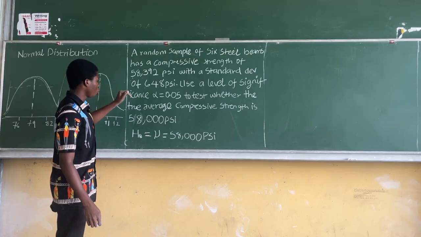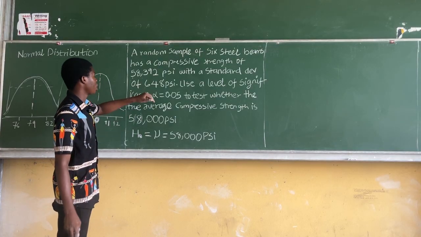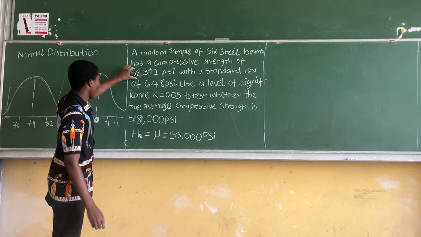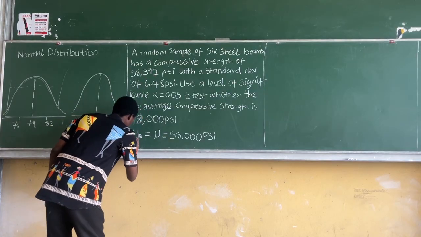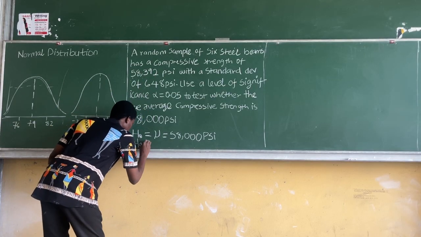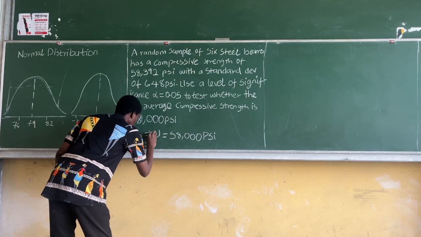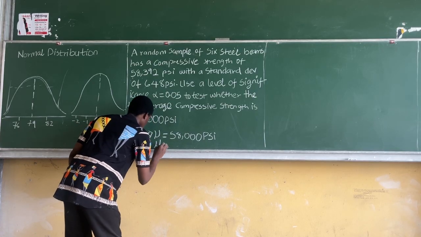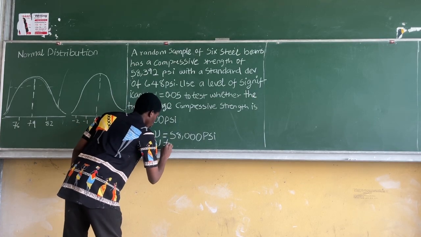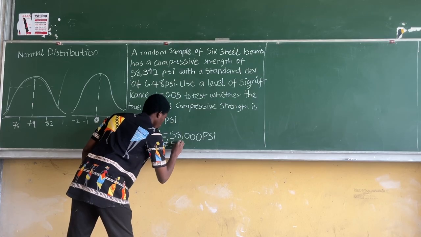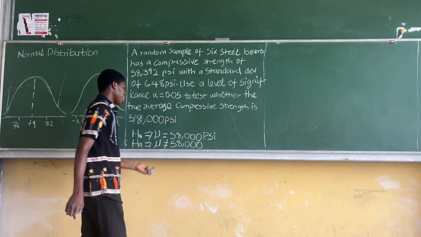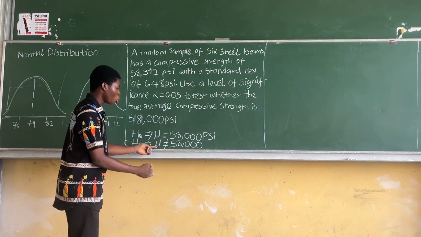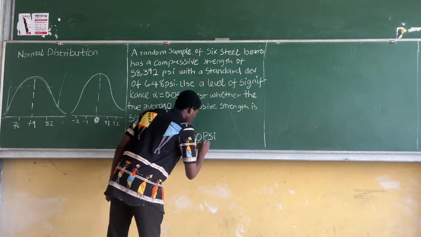He then measures with another external officer who comes to the office and measures, and we figured out that for the 6 beams, their compressive strength, which is the alternate hypothesis, is not equal to 58,000 psi.